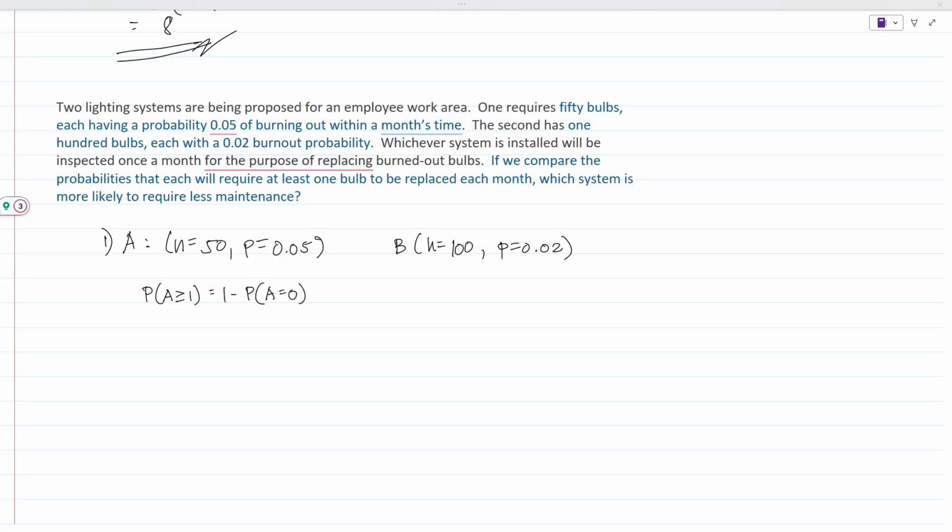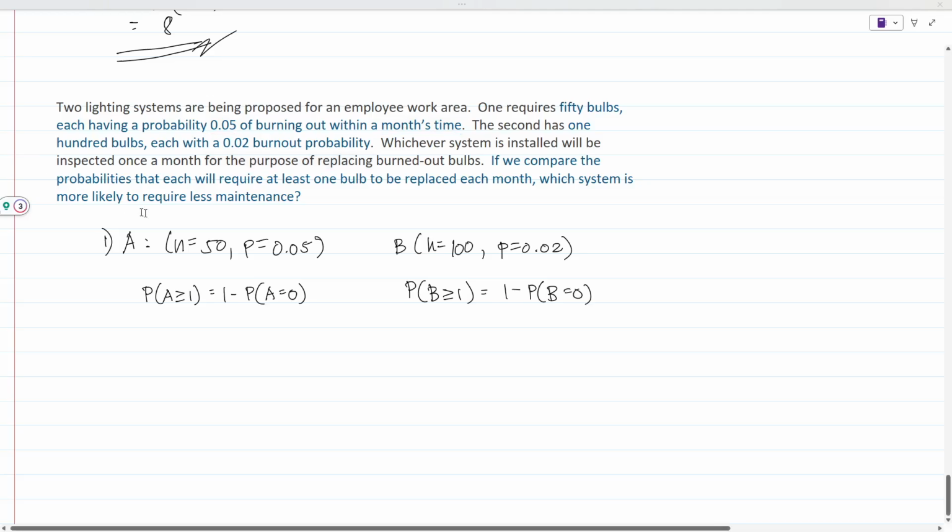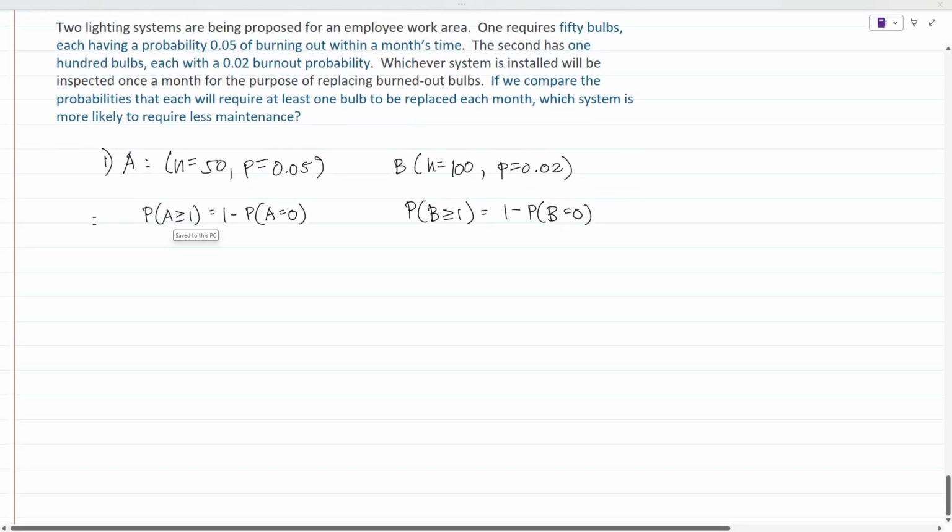Correct? Ayan. Tapos, sa B, P of B greater than or equal to 1 is equals to 1 minus P of B equal to 0 din. Alright? So, ayan siya. Ngayon, ang gagawin natin, solve natin siya.